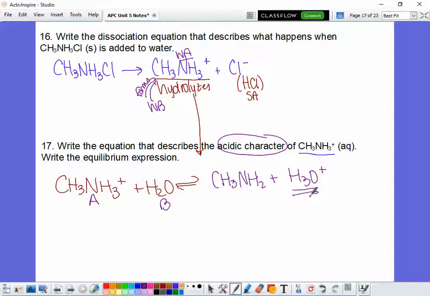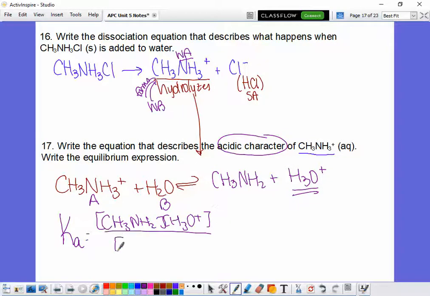So what would my equilibrium expression be? Right? Like that. Cool? Now, honestly, for these types of problems, you're going to be given more information.